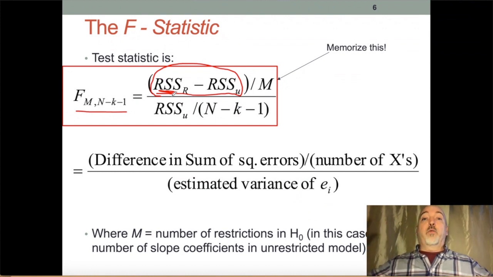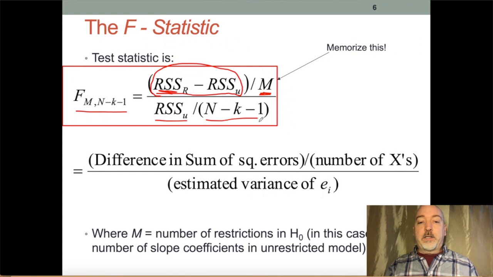How much does the performance of our model suffer? So that's the difference in the performance of the models divided by the number of restrictions. M represents how many coefficients are set to 0. And then all of that is divided by RSSU over N minus K minus 1, which you may recognize as our sigma hat squared.